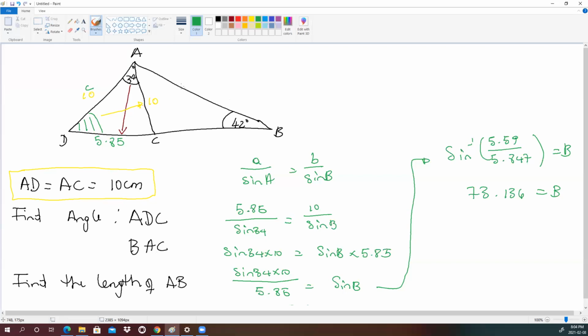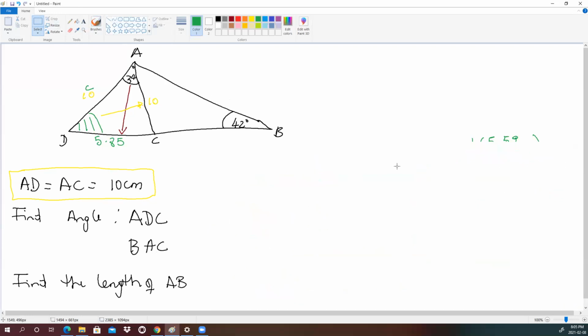It looks like you did something on this calculator. You have to do this over again.